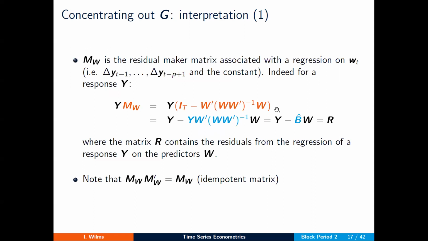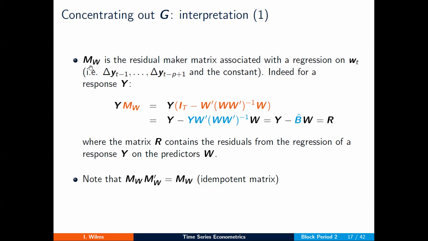Now, if we expand this term, this part in blue is nothing more than the OLS estimate from the regression of Y on W. And so what you're left with are the residuals from the regression of Y on W.